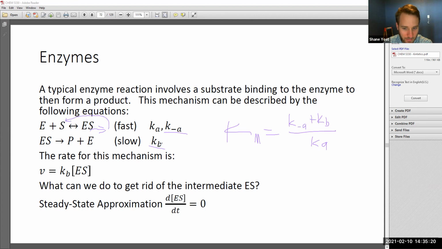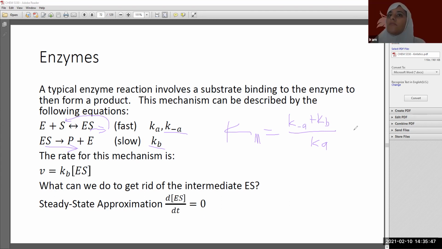And then Kb is the rate constant for the reaction where you form the product. But if the substrate's leaving as a product or as a substrate, it doesn't matter, it's leaving the enzyme. So K minus A plus Kb is the sum of the rate constants, which is related with how fast I rid myself of this substrate from my enzyme.